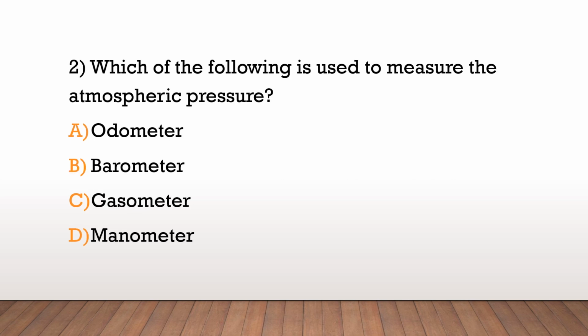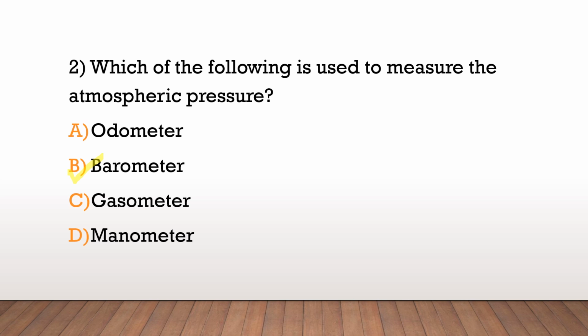The second question is, which of the following is used to measure the atmospheric pressure? A. Odometer, B. Barometer, C. Gasometer, or D. Manometer. The correct option is option B. Barometer.